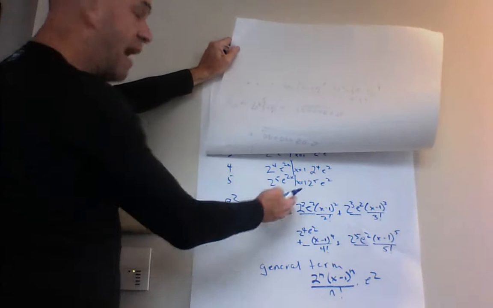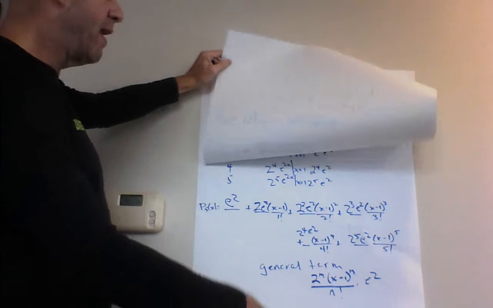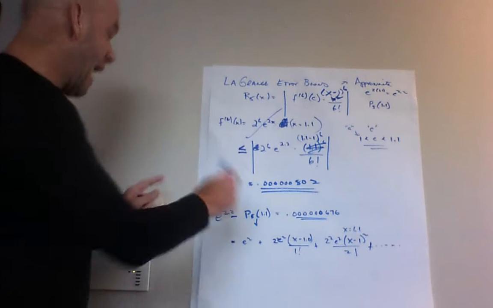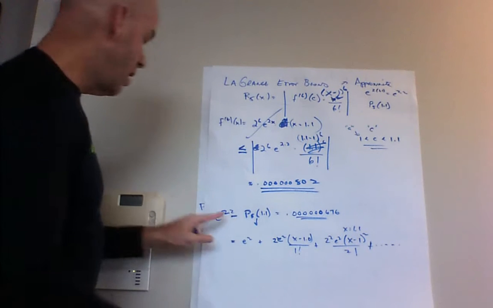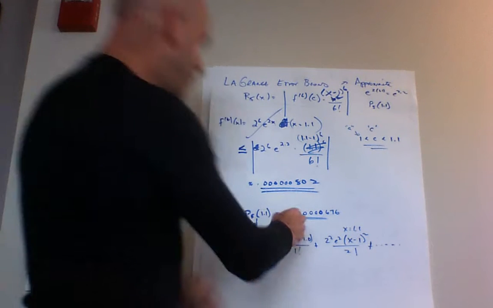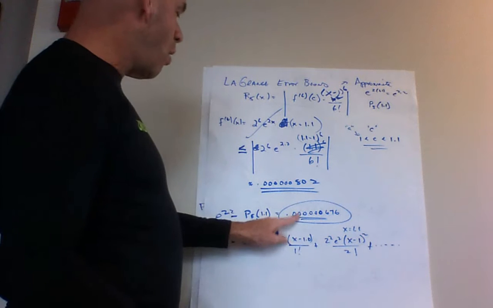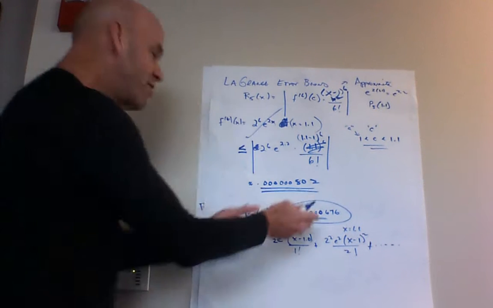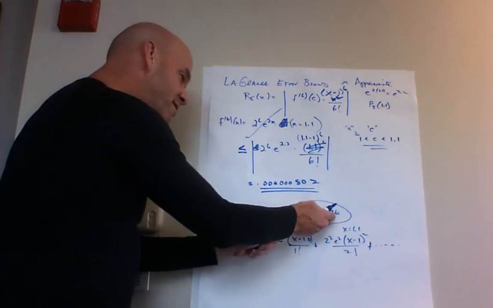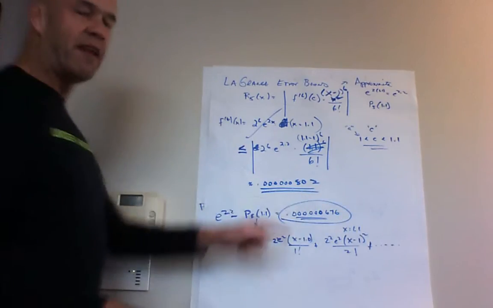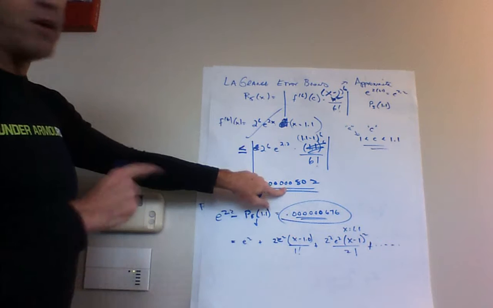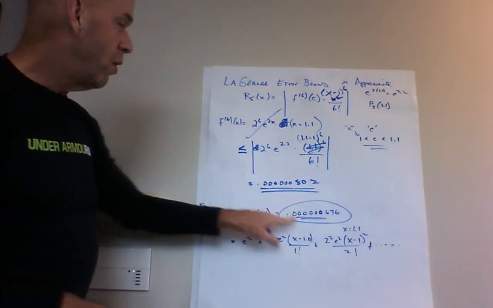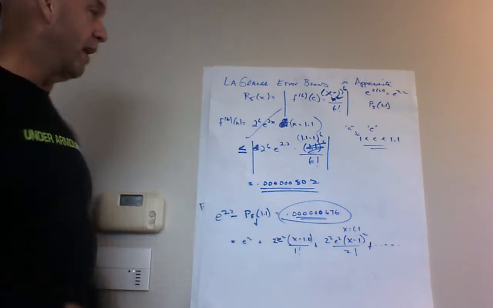So I plugged x equal to 1.1 into that, and I compared it to the actual value of e to the 2.2. The difference was 0.000000676, which is very small, but notice it's lower than the bound because I said I'm going to pick the maximum value of c. The actual error was a little bit less, which you would expect.